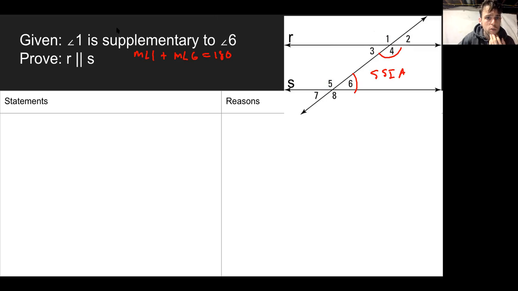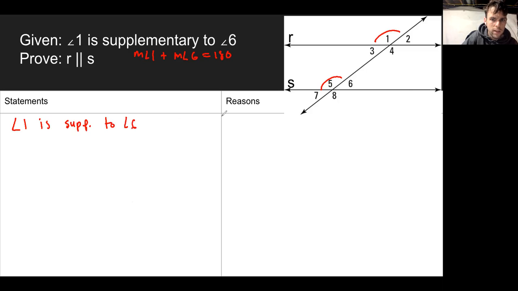I am going to show congruency. I think that's a little easier. So I'm going to try to show that angle 1 and angle 5 are congruent. Those are corresponding angles, and that is the way that I'm going to try to end my proof. So I'm going to fill out the outline. I'm going to start with what we have: angle 1 is supplementary to angle 6.